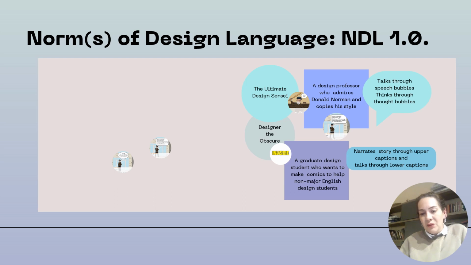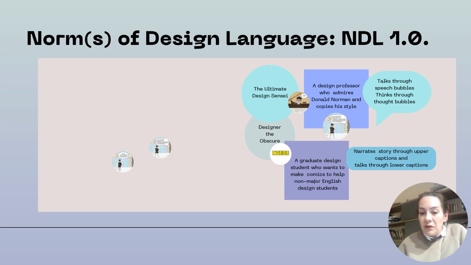And now let me introduce you to the Norms of Design Language. We have 2 characters, the Ultimate Design Sensei and Designer the Obscure. The Ultimate Design Sensei is a design professor who admires Donald Norman and copies his style. And Designer the Obscure is a graduate student who wants to make comics to help non-major English design students.